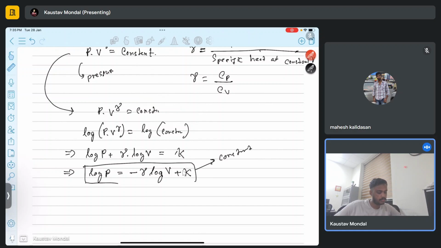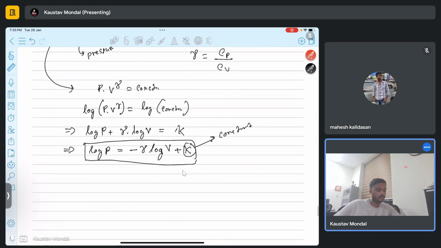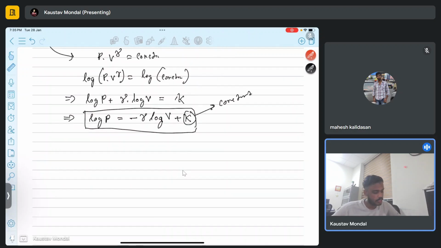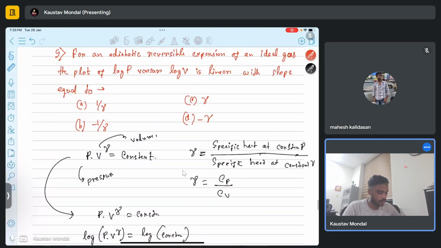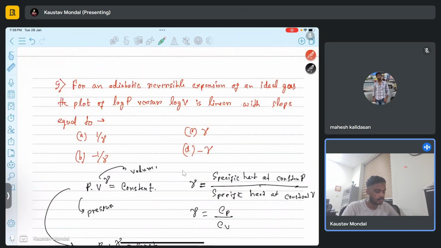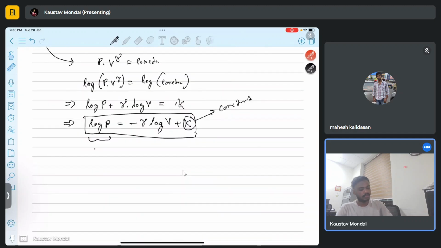If you remember, the problem asks you to find the curve between log P and log V, not P and V. So you can take log P as y and log V as x, with slope minus gamma and some constant K. This basically gives you the same form as the straight line equation, y equals mx plus c.